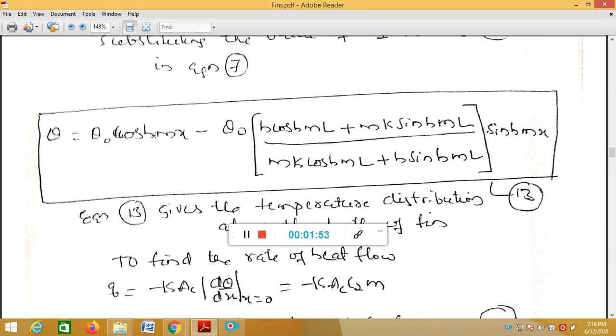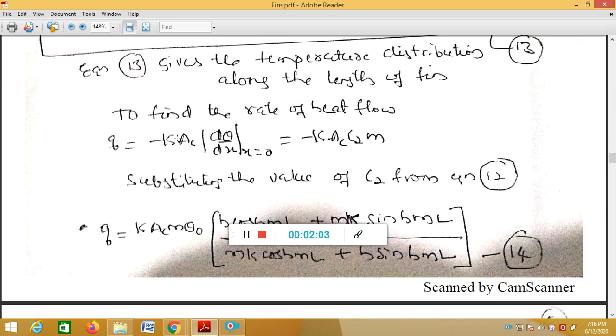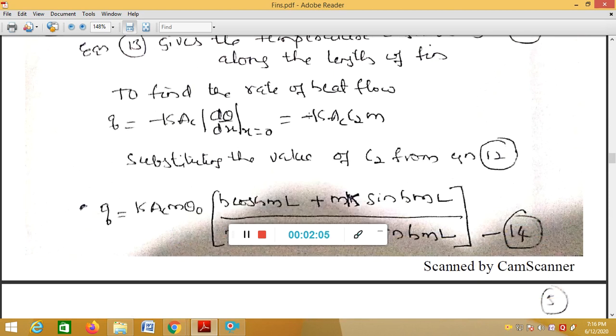So by putting any value of x between 0 and L, we will get the temperature at any section of the fin. Now we are interested in finding the rate of heat flow. Rate of heat flow Q equals minus k AC d theta by dx at any section. It is minus k AC d theta by dx at x equal to 0, which is C2 into m.